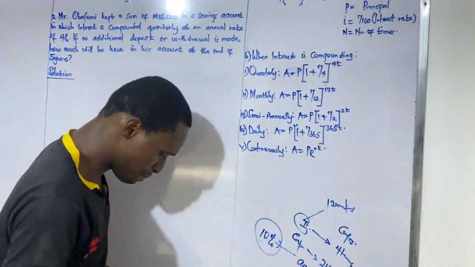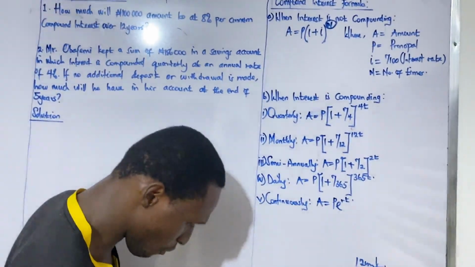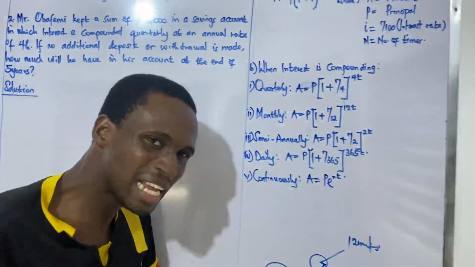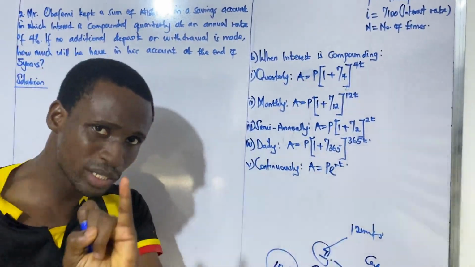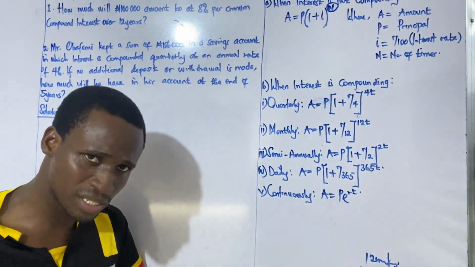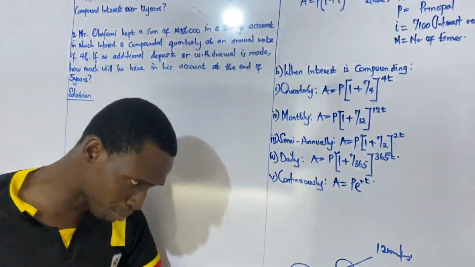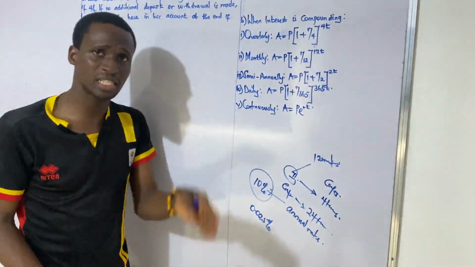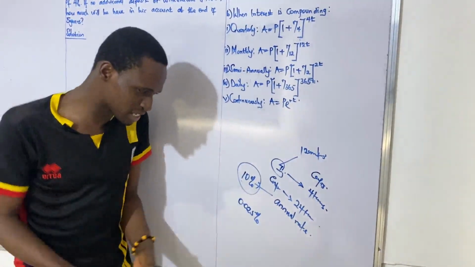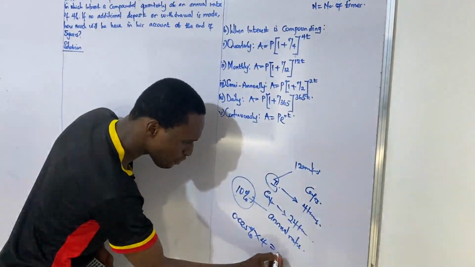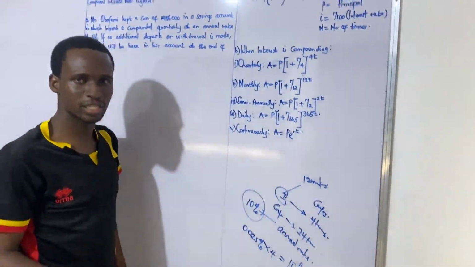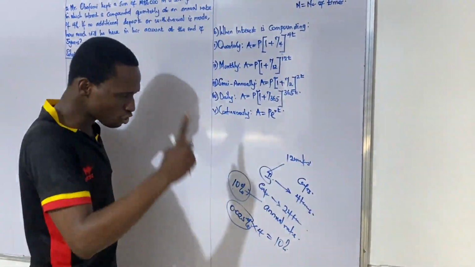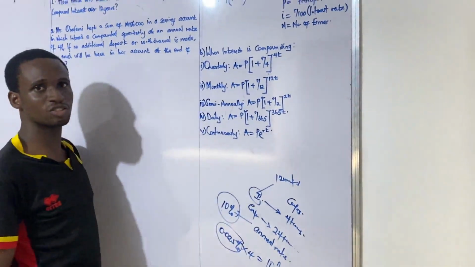So 10% divided by 4 gives 2.5% for each quarter. First quarter, second quarter, third quarter, fourth quarter, each 2.5%. If you multiply by 4, it gives you 10%. So quarterly rates make up the annual interest.